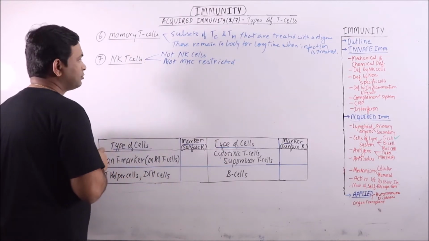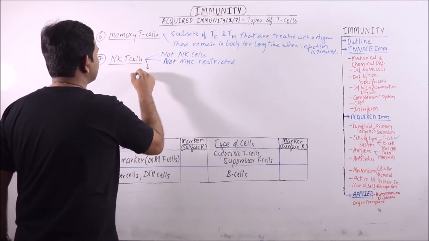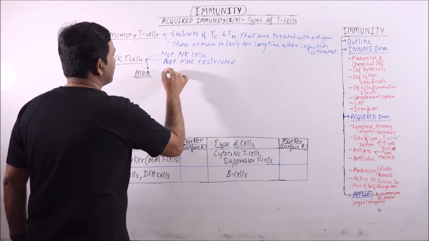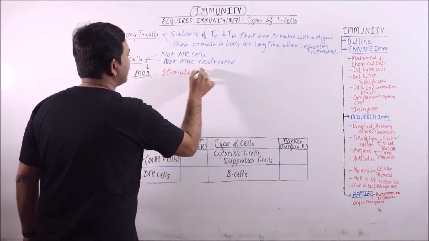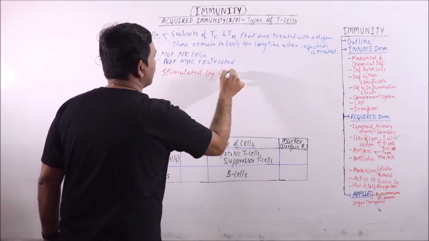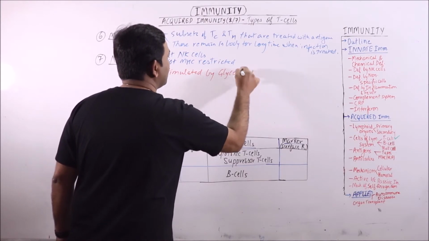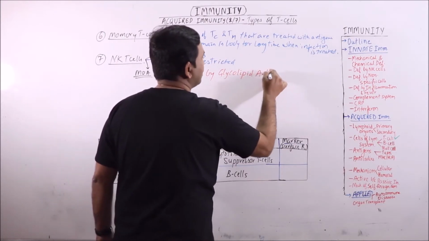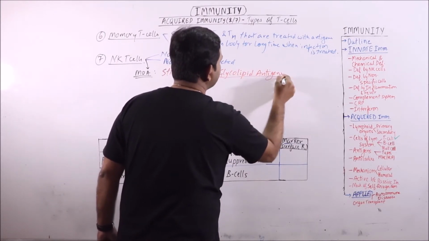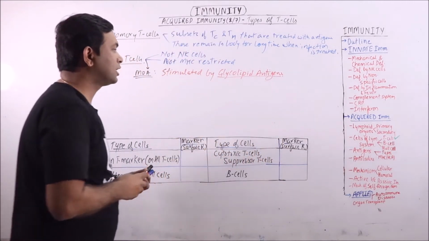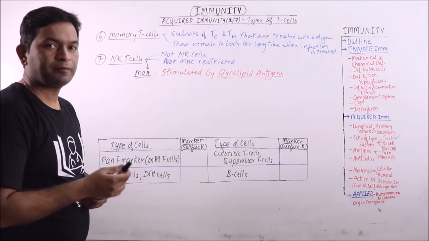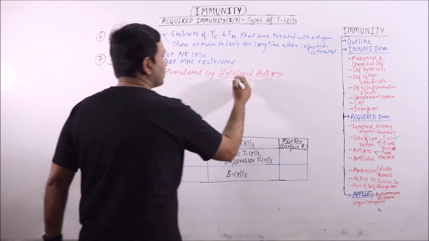Now, what is the mechanism of action of these cells? These are stimulated by glycolipid antigens. It is important because conventional T cells are stimulated by peptide antigens.